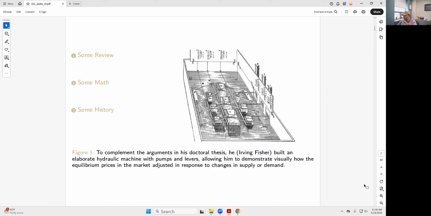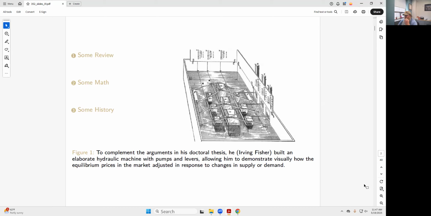Now, real quick, because I'm going to be throwing in a lot of these historical nuggets throughout the semester, you see this contraption in front of me. This is a schematic drawing of a machine that was built by the economist Irving Fisher.